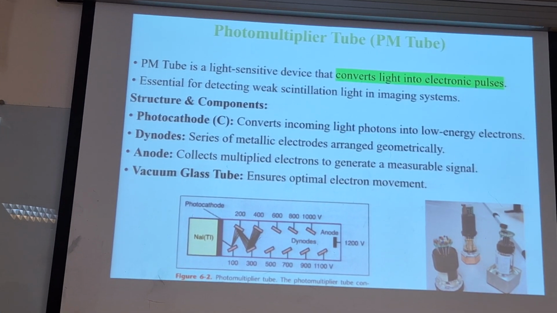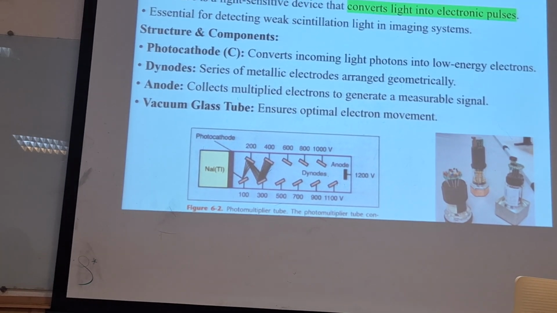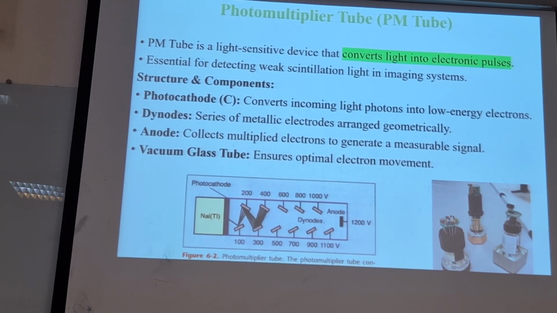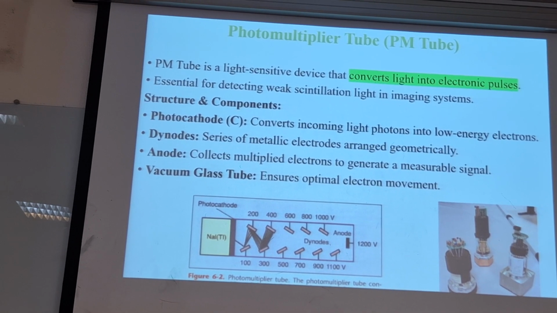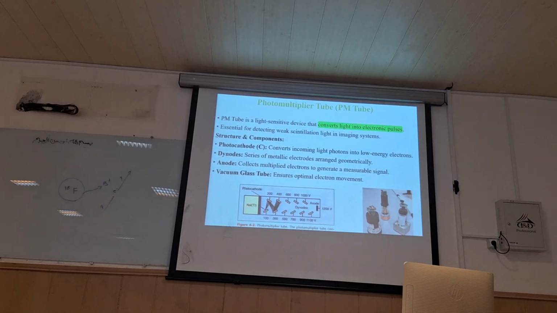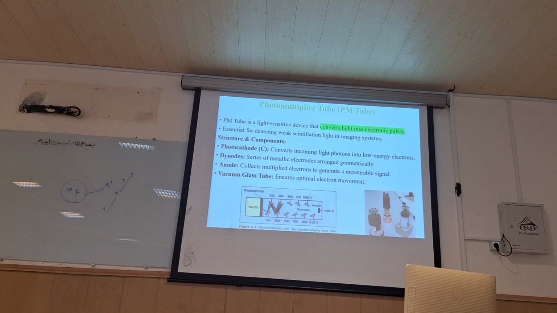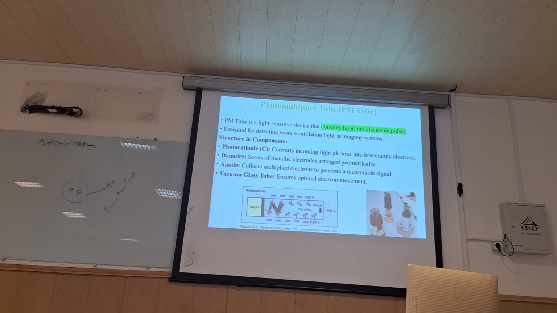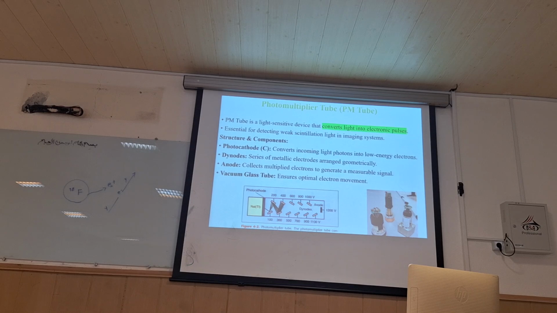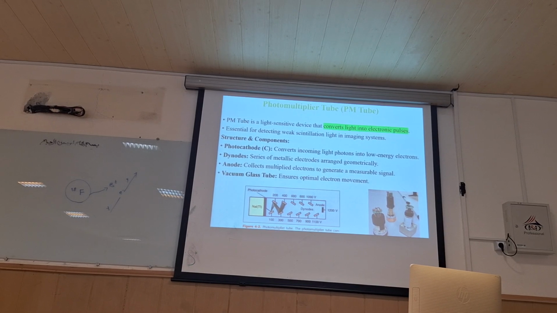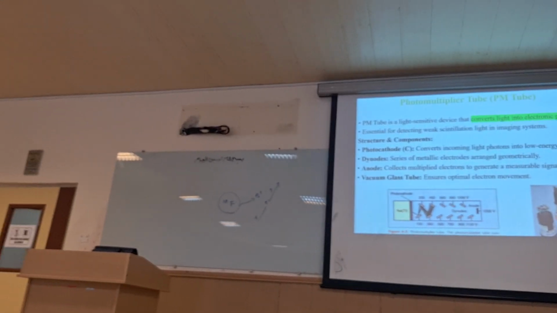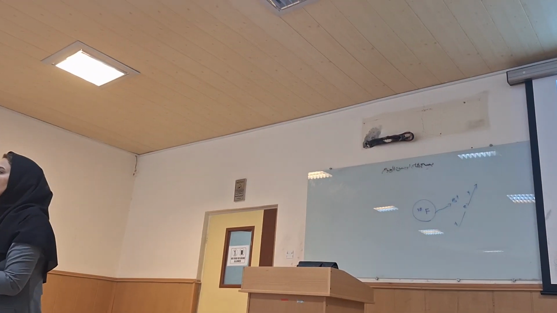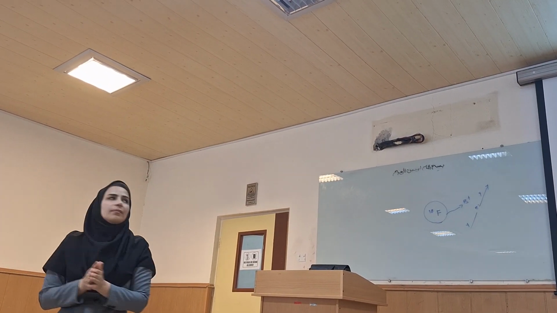The role of the photomultiplier tube is to convert light photons to an electronic pulse, and after that we have the localization electronics, which take this electronic pulse and give me the image. This is the whole process in nuclear medicine.